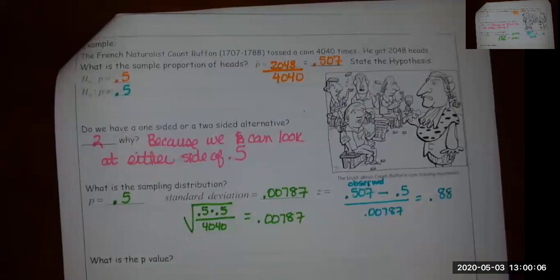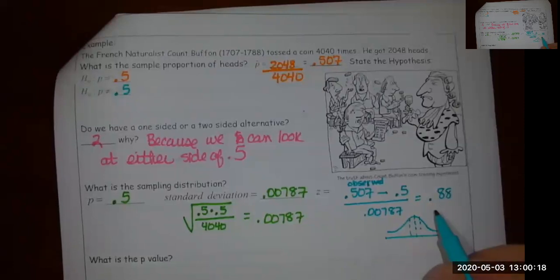So we have 0.88. Now remember, we're thinking about two sides to this story, right? There's the mean, but we want both sides, so we're going to have 0.88 and negative 0.88.